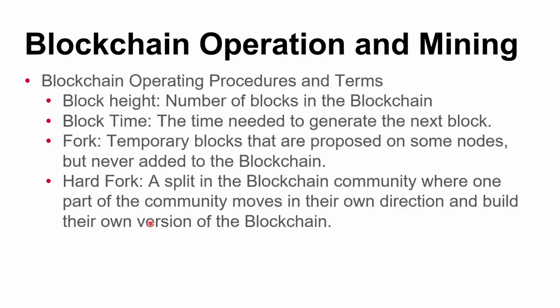We move forward updating the application in a different way and adding data in a different way. There are examples of hard forks. If you look for Bitcoin Cash, and there are some other examples, you can look up hard forks. It just means that there's been a split in the community.